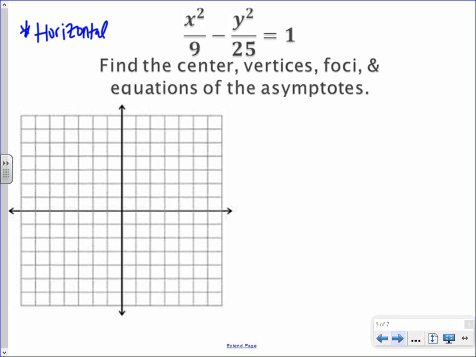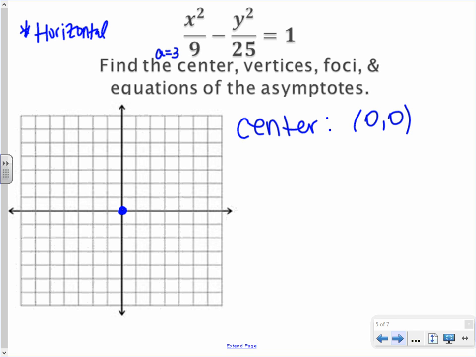Great. Let's talk first about the center. Jackson, where's the center? 0, 0. Do you agree with Jackson? Yes. Okay. All right, here's where it gets interesting: our A value. Finn, what would it be? It would be 3. Okay, A is 3. A is always associated with the positive square term.